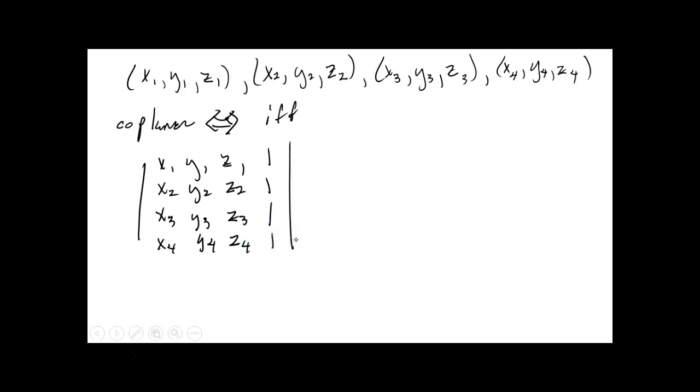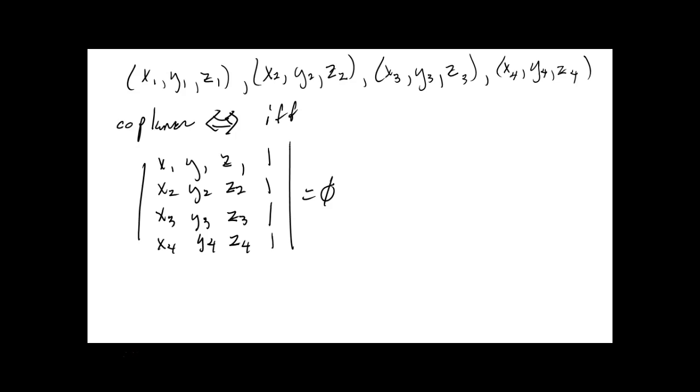If that determinant is 0, they're all in one plane. Okay? Now, they may even be on one line. Probably not, but they could be. Still, the determinant would be 0 because that line is in a plane.